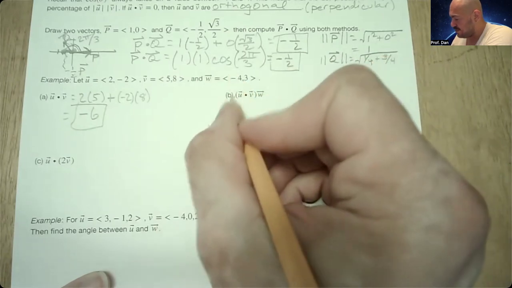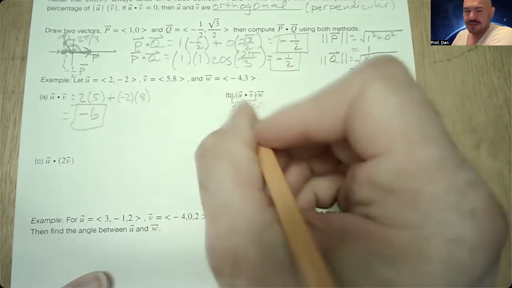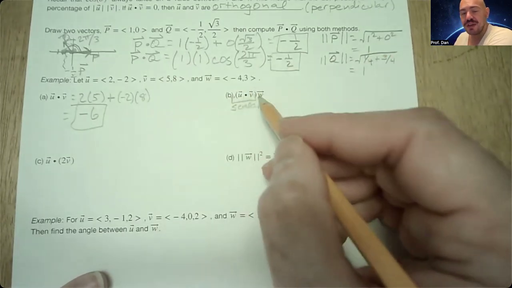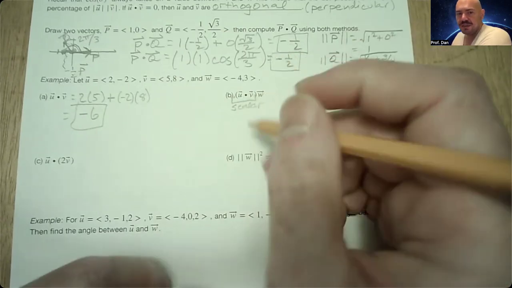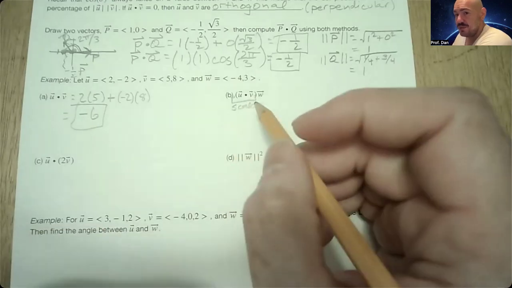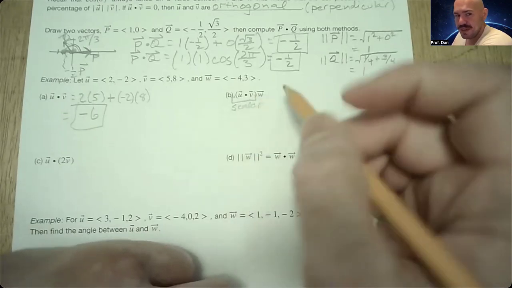What is u dot v? That's a scalar. So when I multiply this together, I'm actually multiplying a scalar times vector w. A dot product wouldn't make sense because again, that's a way to multiply two vectors together. This is a scalar times a vector.